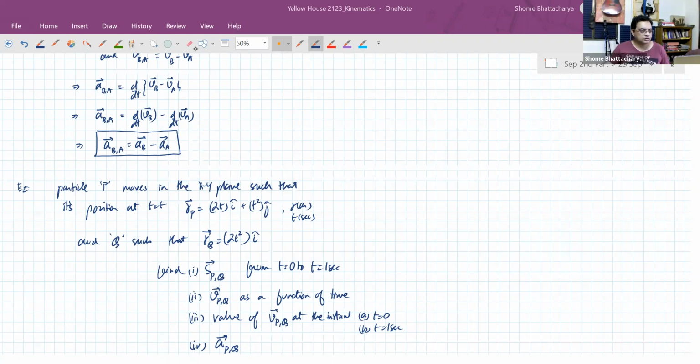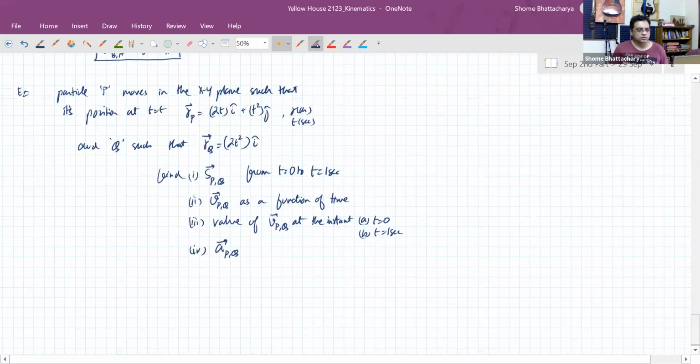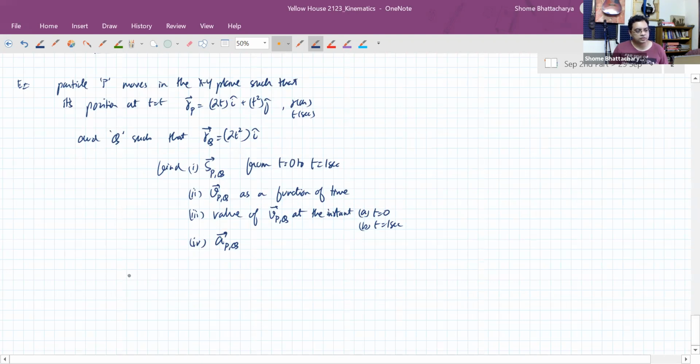Okay, people. So again, Anirudh and Kirti, let me verify the answers for you. So you can see that the displacement of P from 0 to 1 second will be the position of P at 1 second minus the position of P at 0 seconds.